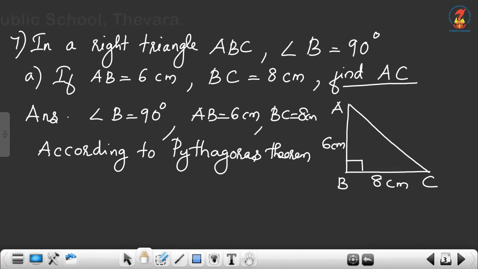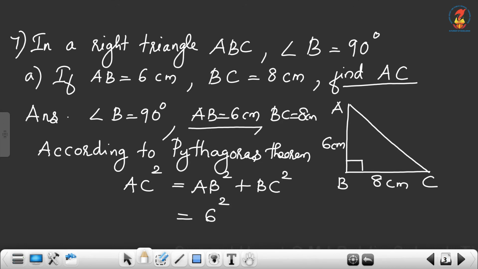the square of the hypotenuse, that is AC square, is equal to the sum of the squares of the other two sides, that is AB square plus BC square. AB and BC are the other two sides. Now, the value of AB is given as 6 centimeters, so we can write 6 square.